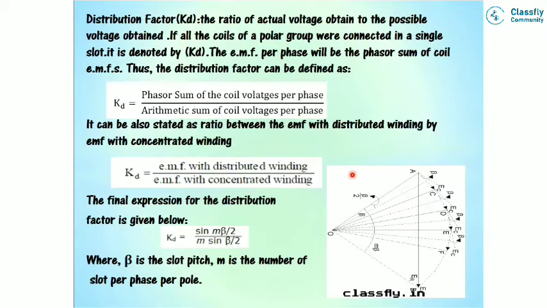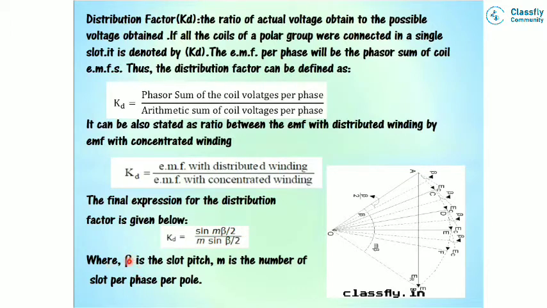I hope you understood till this. You just need to remember the two ratios. One is the phasor sum of the coil voltages by the arithmetic sum. Another is the EMF with distributed winding by the EMF with concentrated winding. And the final expression which you will get for this distribution factor will be sin(m beta by 2) divided by m sin(beta by 2).